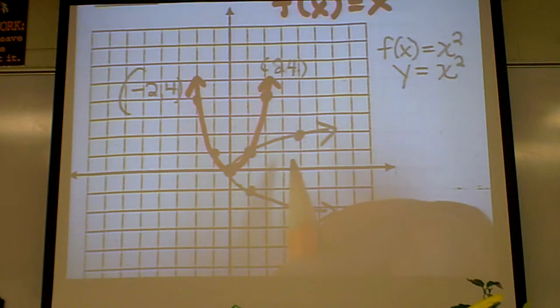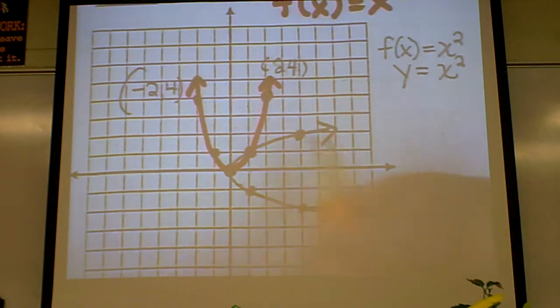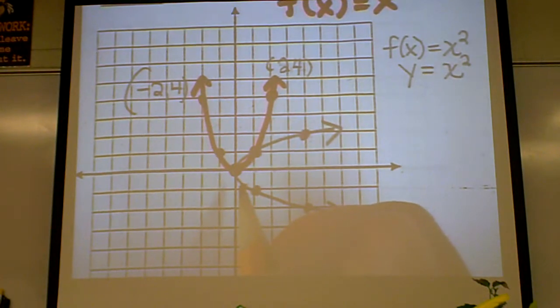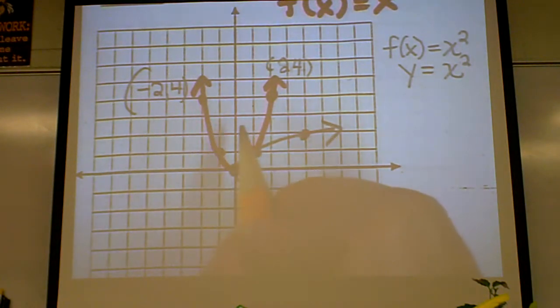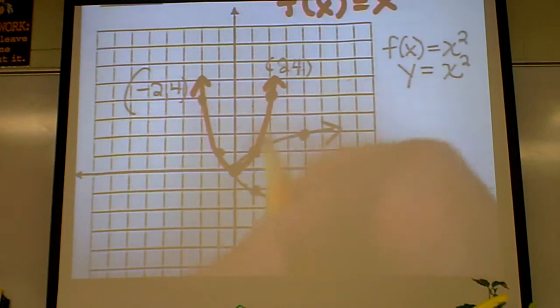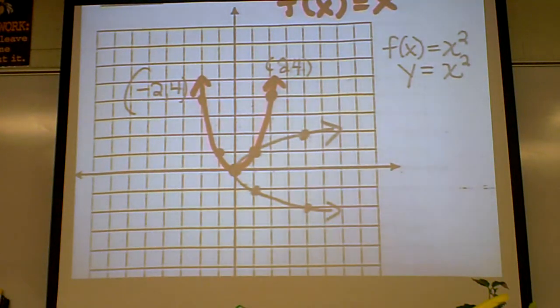So it's a function. When we have a relation and it's a special kind of a relation where for every x, there's only one y, in other words, none of the x values ever repeat. Okay? So when that happens, you have a function and you can use that fancy f. So, this is a function, but look at the inverse.